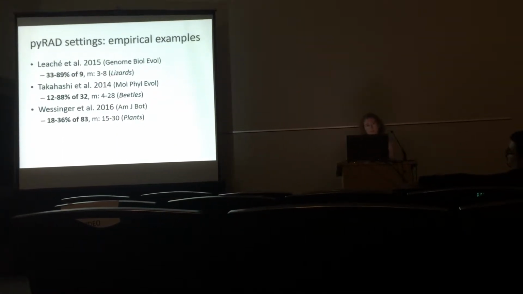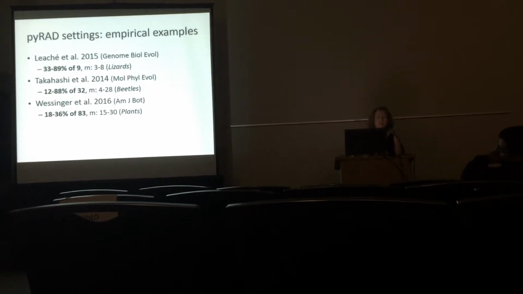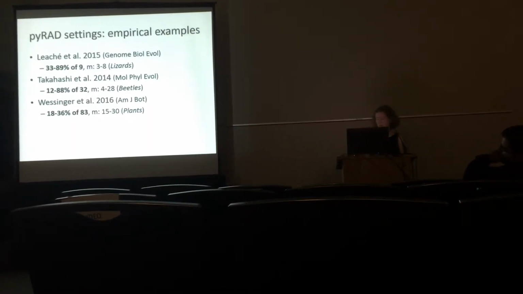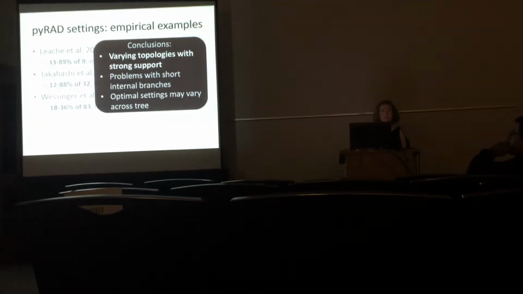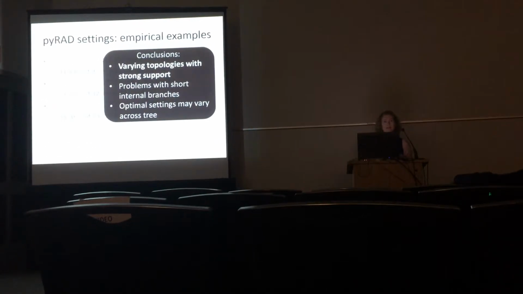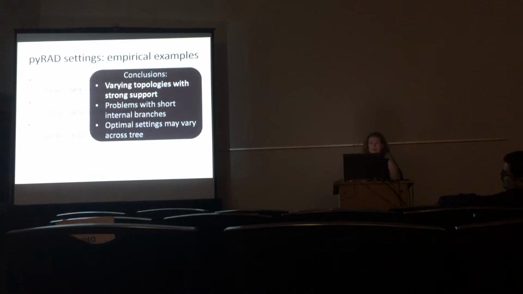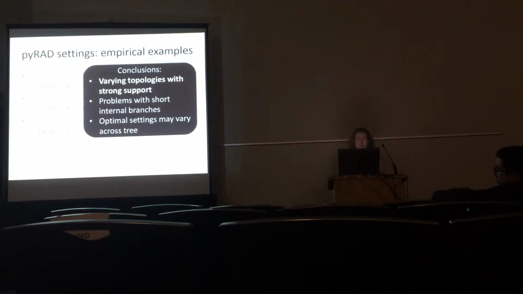Now these are just a few of the recent studies, the ones that have really focused on some of these parameters. I wanted to show you some comparisons to what we're doing, and also just quickly go over a couple of conclusions that are coming out. One is that you can get different topologies that are strongly supported despite their distinct relationships.